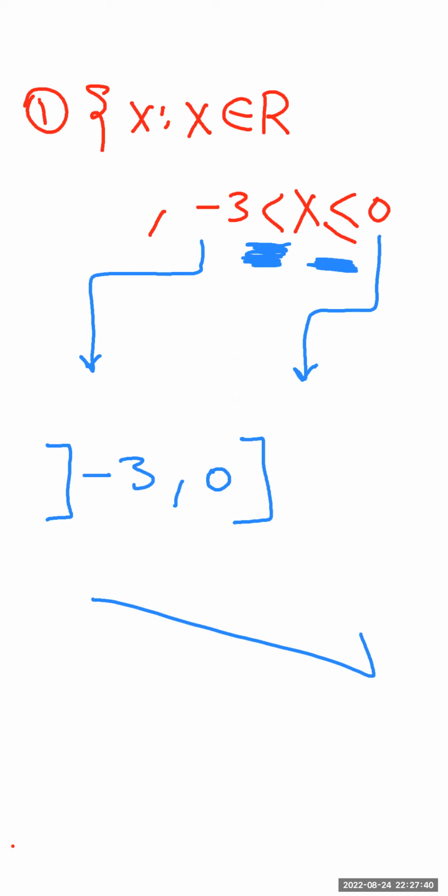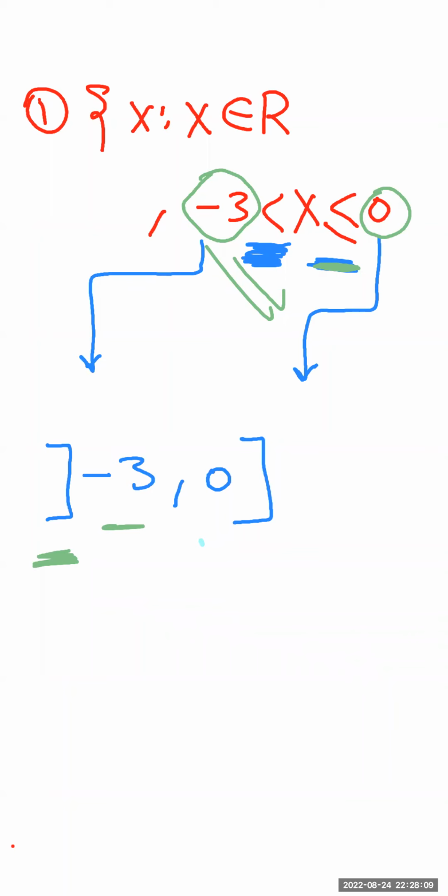So the interval is -3 and 0. It is opened from the side of -3, closed from the side of 0.